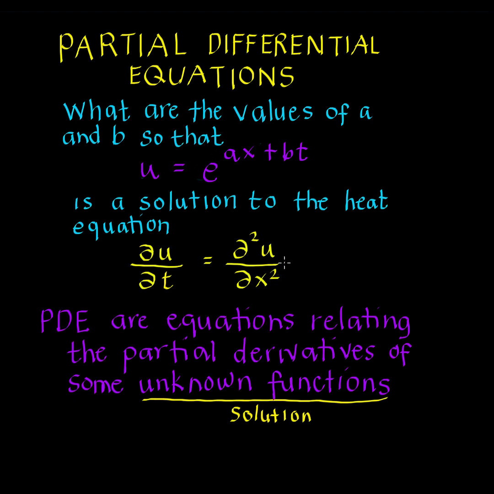So in order for us to show that this function u is a solution to this heat equation, we need to find the partial derivative of this function u with respect to t, and we also want to find the second partial derivative of the same function u with respect to x, and those two partial derivatives must be equal.